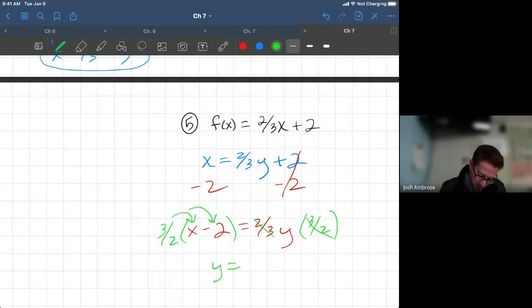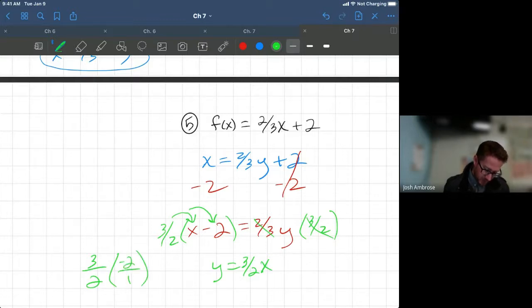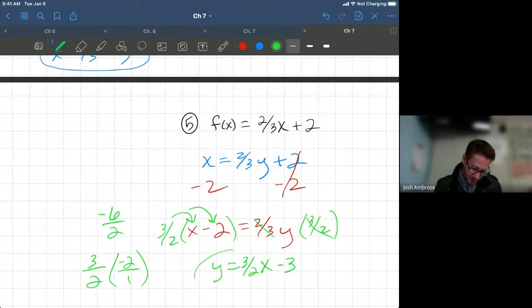You're looking at 3/2 x, and then 3/2 multiplied by negative 2. 3 times negative 2 makes negative 6, over 2, and negative 6/2 makes negative 3. There is our inverse function.